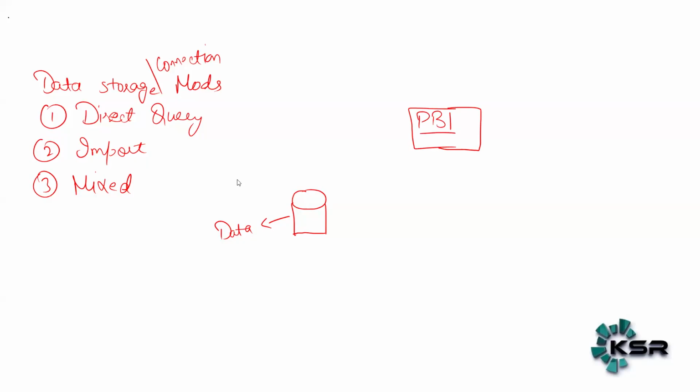Now there are two modes available. One is import and the second is direct query. Suppose you are working on a table named students, and you need the data of only those students whose location is US.